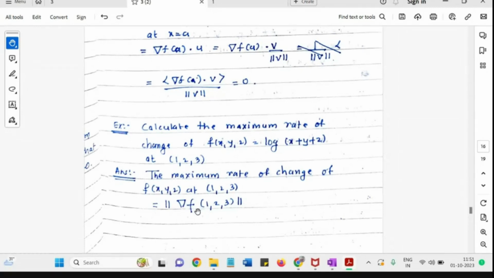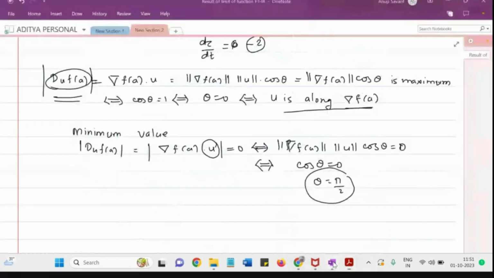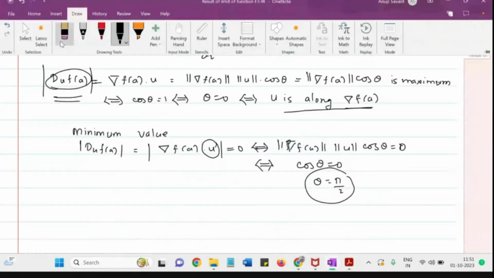And now if you simplify this, and I forgot to do that over here, and I'm not able to scroll properly here.